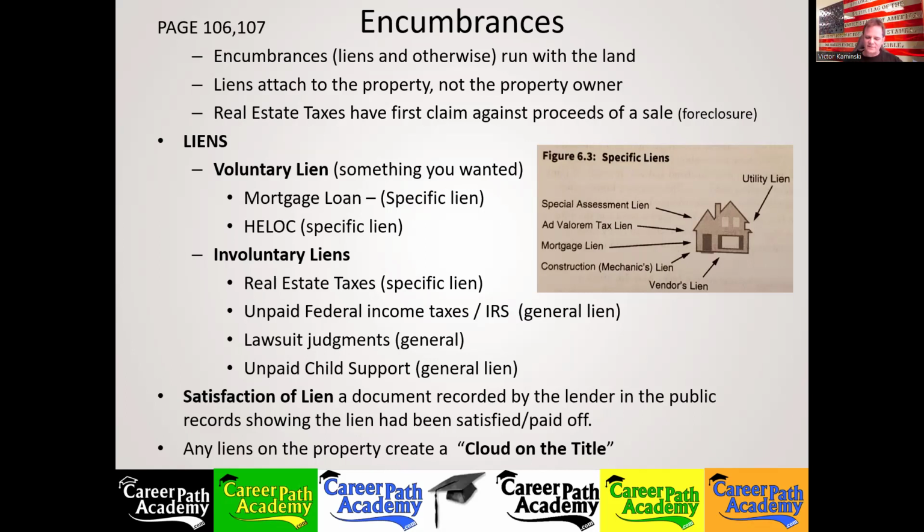Yeah. Okay, so just have that image in your head, that a cloud on the title is like a thunderstorm cloud hovering over your house. Would you want to buy a house in a neighborhood that always had a thunderstorm cloud just hovering over that house?